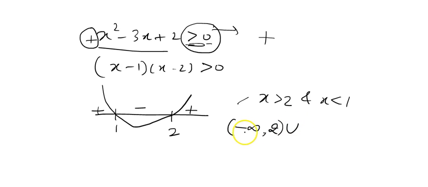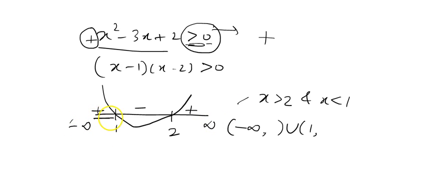Infinity always takes a small bracket. Okay, there's an error over here: it will be minus infinity to 1, because over here this side is minus infinity and this side is plus infinity.